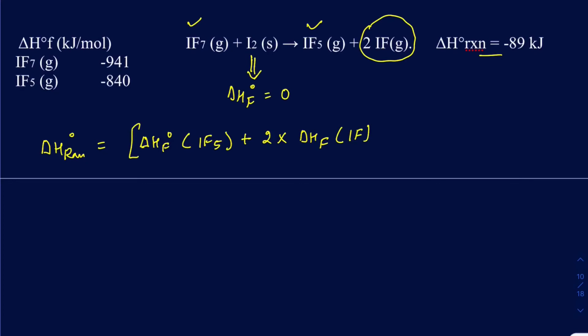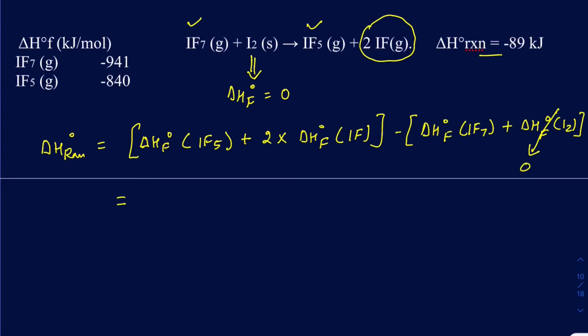Those are your products, minus the delta H formation for the IF7, and then plus the delta H formation for the I2. Okay, so I2 is going to be 0, so I can just cross that out. And let's go ahead and plug in the rest of these values.